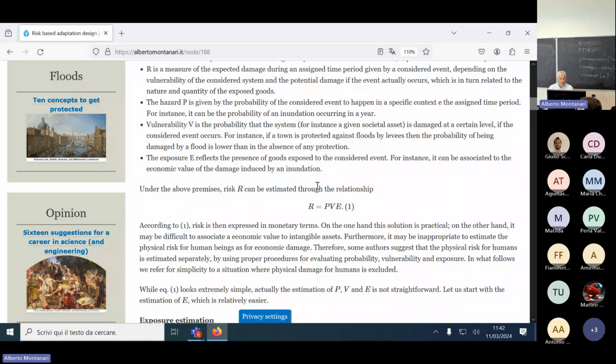I mean, if I look at the frequency of big floods, it's very low. If I look at the frequency of ordinary floods, it's much higher. So the same for probability. The probability of a very big flood is low, but it has a high exposure. Is it clear?